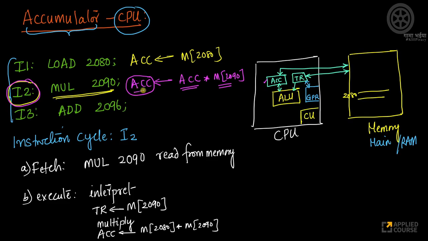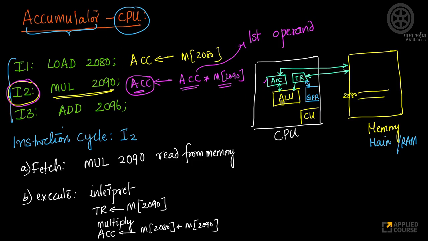Now look at this. This is called an accumulator CPU because for all arithmetic and logical operations, the first operand is always in the accumulator, and the result of the operation is always stored back into the accumulator itself.